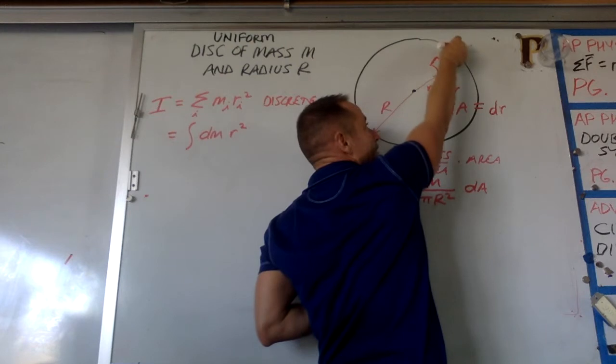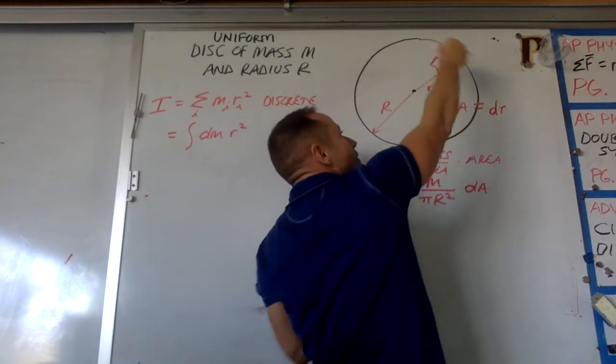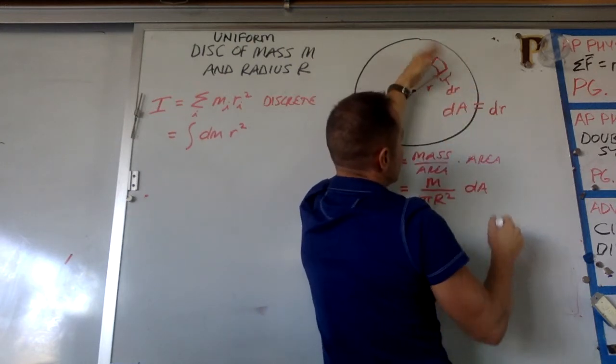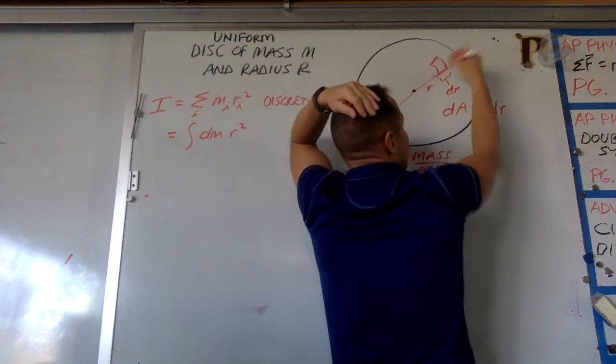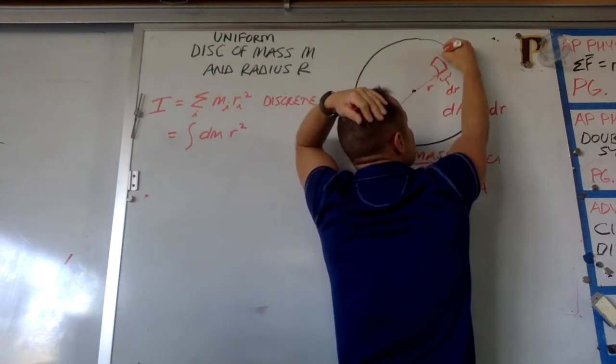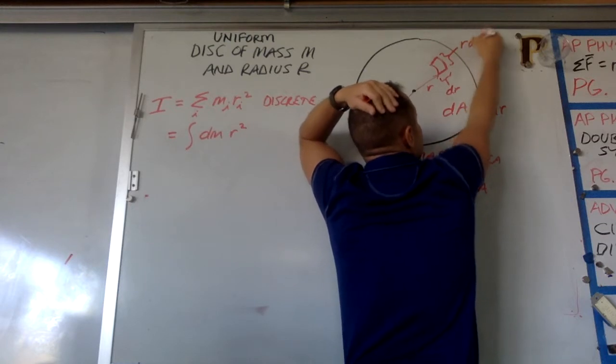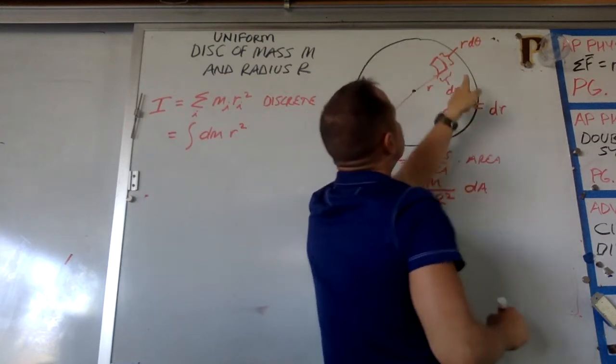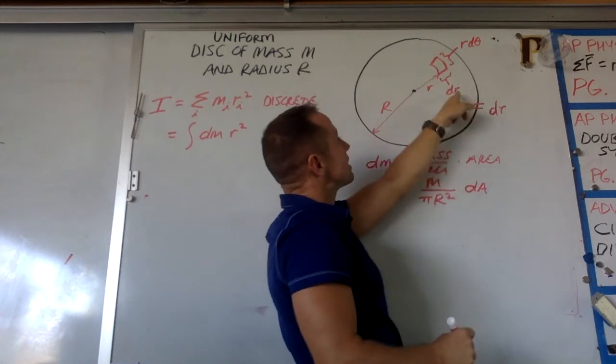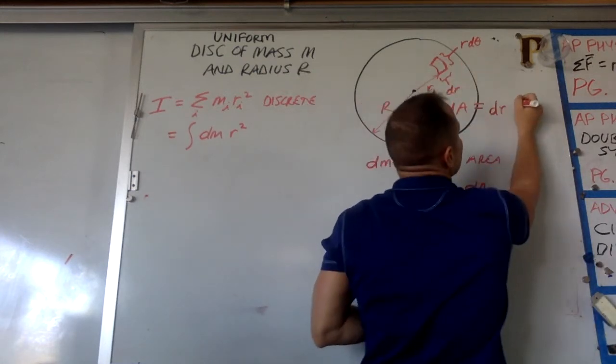That's a wiggle in angle. You have to multiply that wiggle in theta by the lever you're sweeping, so it's like arc length. Instead of r theta, it's going to be r d theta. So the size of this side is r d theta, and the area of this patch is going to be dr times r d theta.